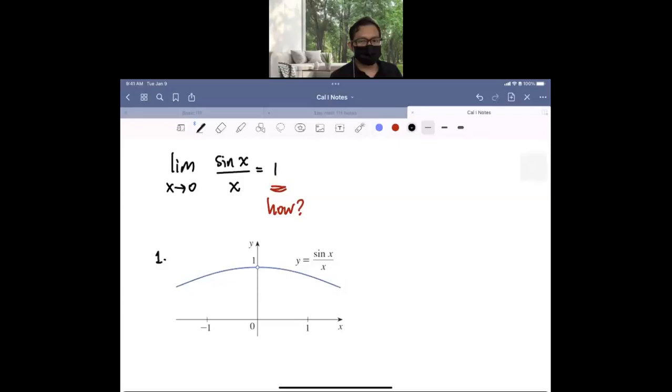It seems correct, but not really correct. I just want to know how we know that this is equal to 1. Circle? Yeah, circle. Mm, not really, not really.